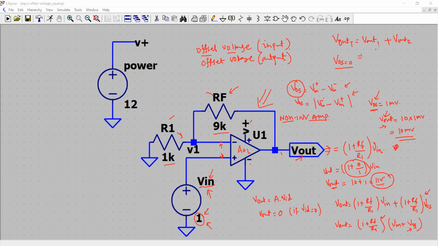And it can be given as: initially you have this 11 volt output, which is required, plus 10 millivolt. So 10 millivolt is extra that you have. So the output would be 11.01 volts.